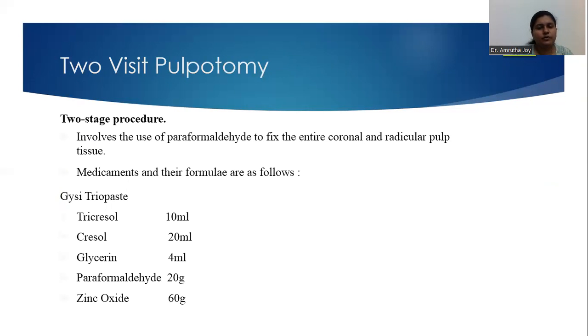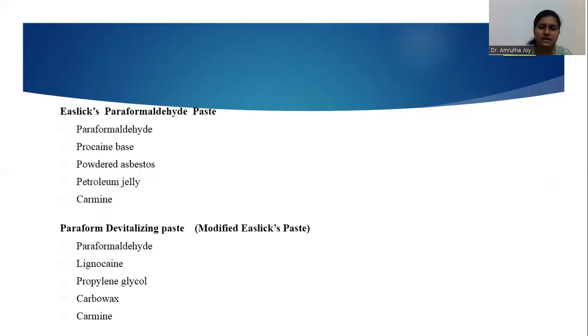The composition of diacetylthiopaste contains tricresol, cresol, glycerin, paraformaldehyde, and zinc oxide. Civics formaldehyde paste contains paraformaldehyde, procaine base, powdered asbestos, petroleum jelly, and caramel.